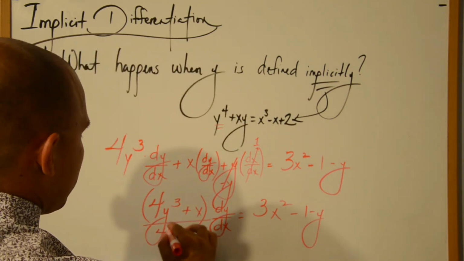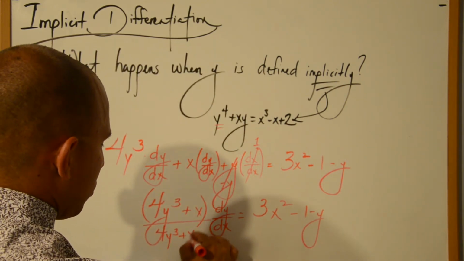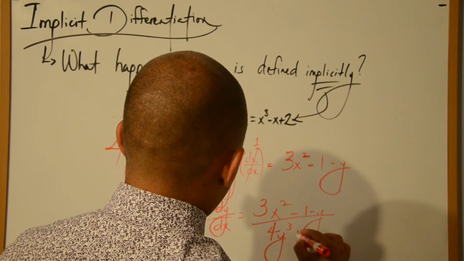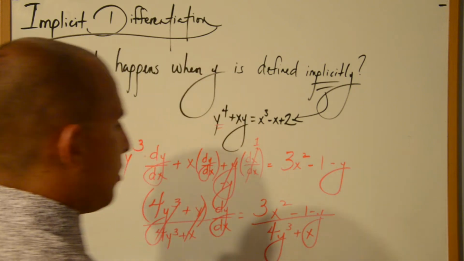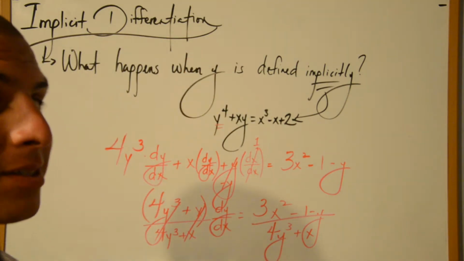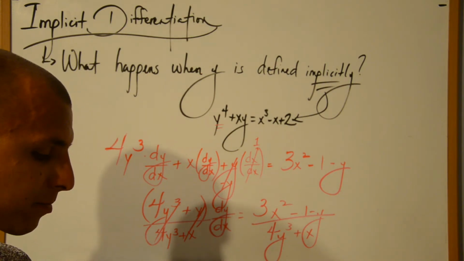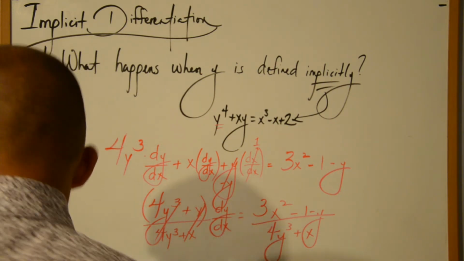At this point, your algebra skills should be sharpened. So we divide, and there is the derivative of our implicitly differentiated equation.